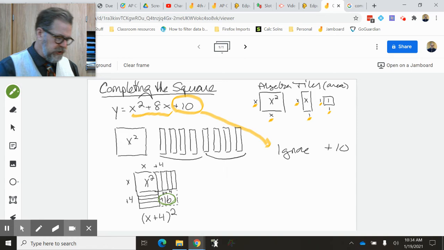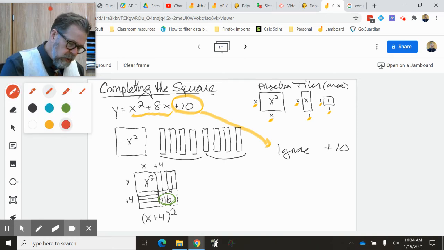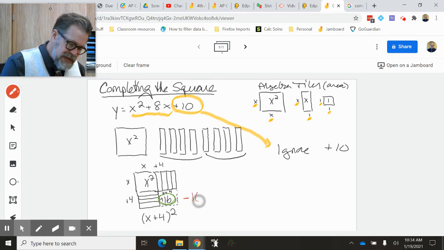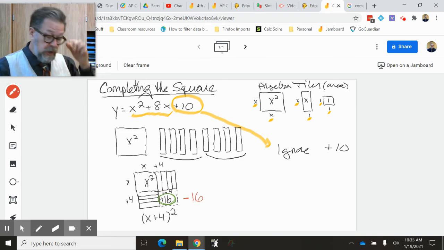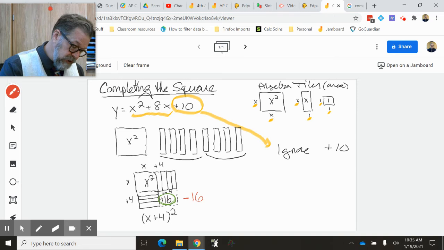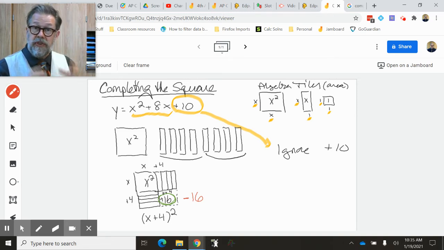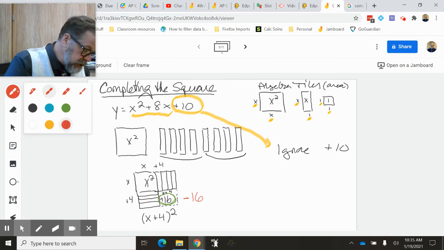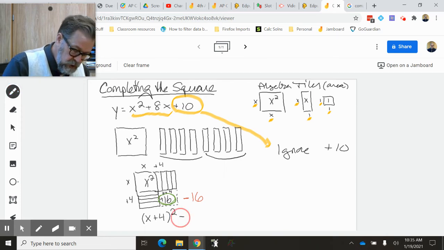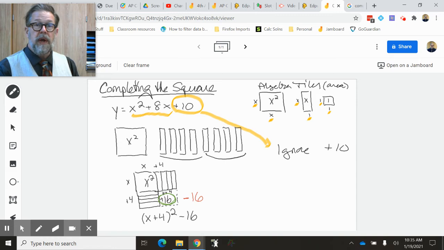But I didn't have 16 tiles. So in order to keep it in balance, I need to subtract 16 tiles. These cancel each other out. I've got plus 16 to make the square, I've got the minus 16, and they cancel each other out. And so what this square represents is x plus 4 squared minus 16.